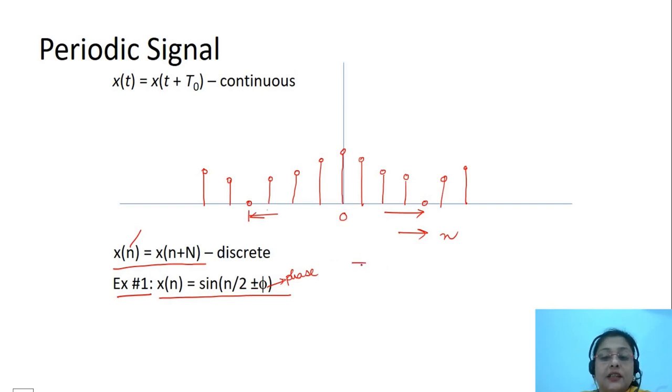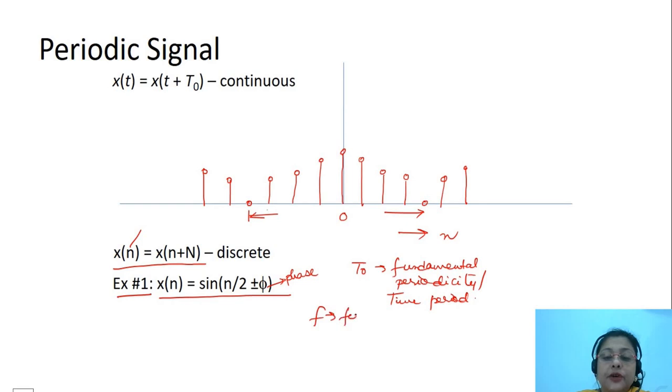As we said, T0 is the fundamental periodicity, or it is also known as the time period. F is the fundamental frequency, and f is basically the linear frequency.